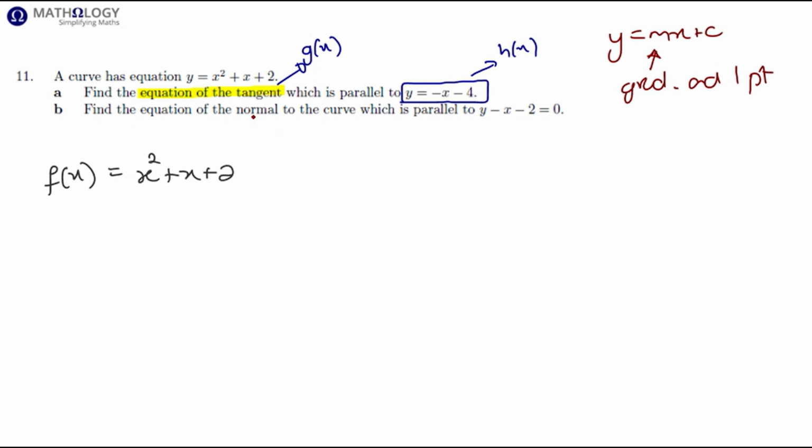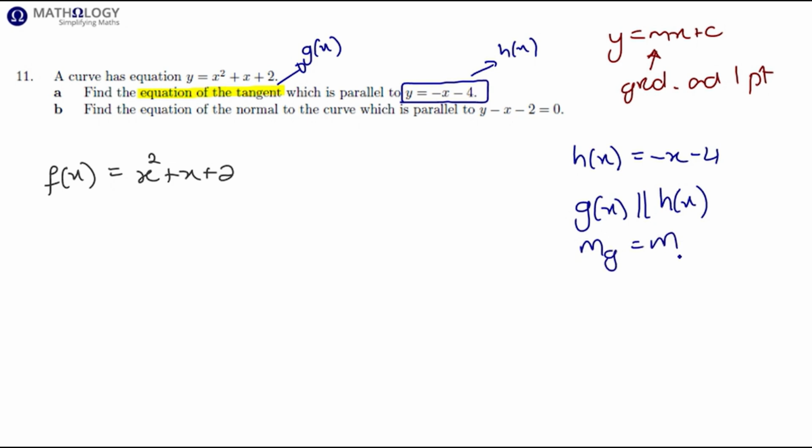We do know that the equation of the tangent, the line we are looking to find, is parallel to this particular line h of x, where h of x equals minus x minus 4. So g of x is parallel to h of x, and we know that the gradient of g equals the gradient of h, because that is the definition of parallel lines.